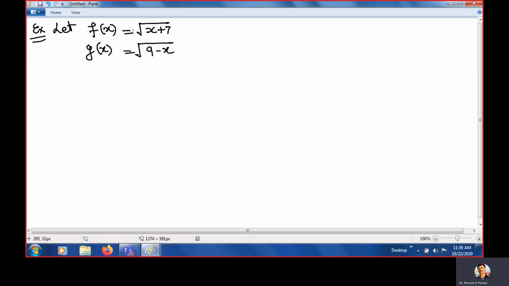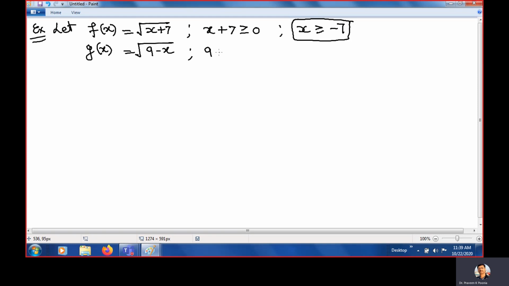Both are radical functions, and where nothing is written, 2 is the root. So we need to calculate the domain. We put x plus 7 greater than or equal to 0, and the domain here is x greater than or equal to minus 7. This is the domain of the first function.